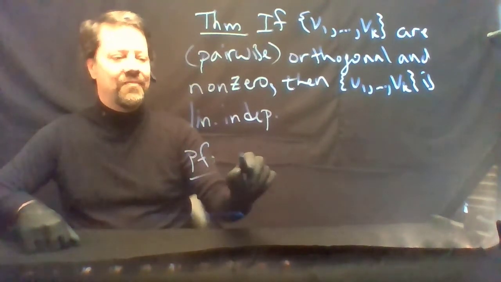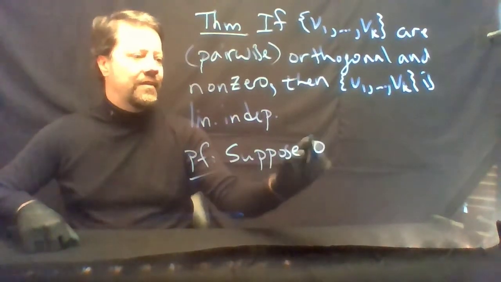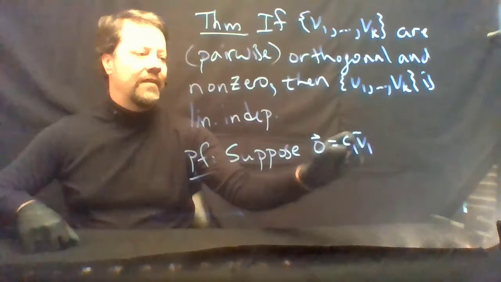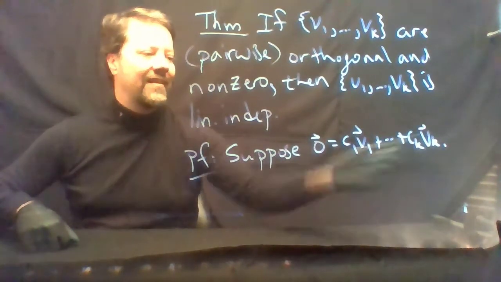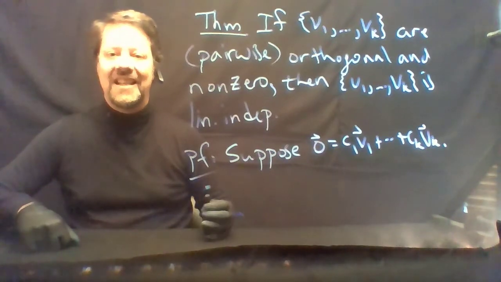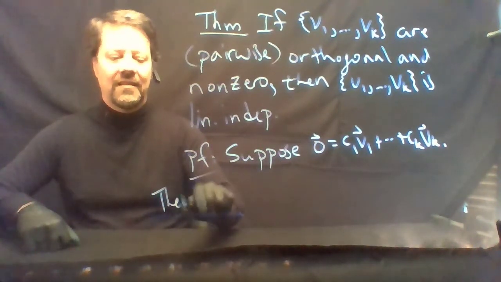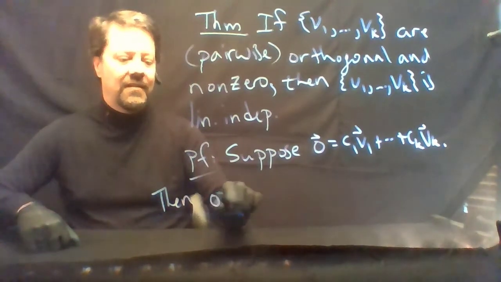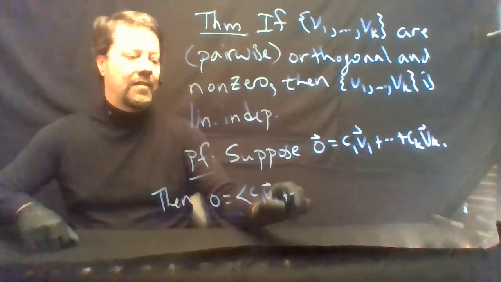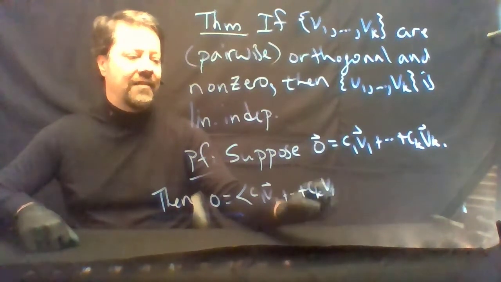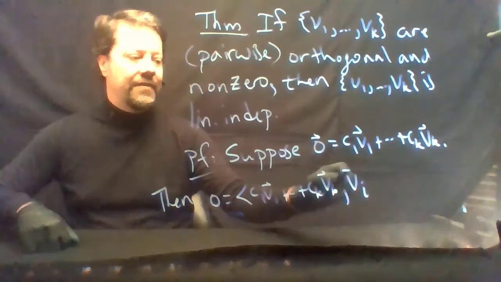Let's prove this. Well, suppose 0 is c1v1 through ckvk. What we'll do is we'll take the inner product of the entire thing, c1v1 through ckvk, with vi for some i.